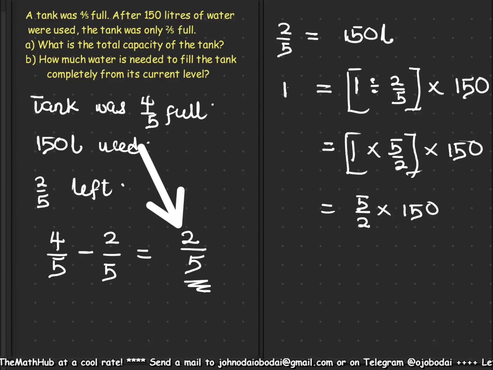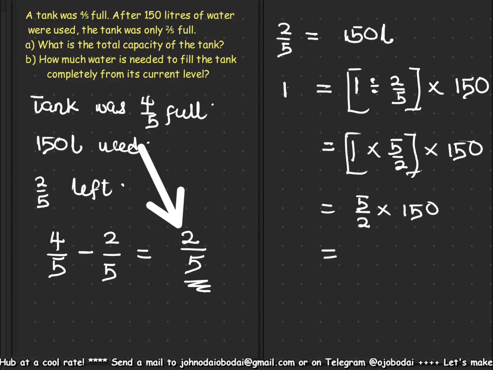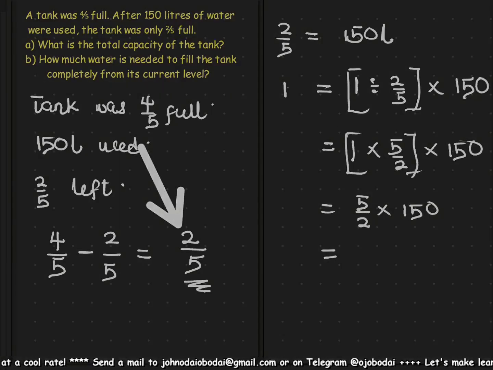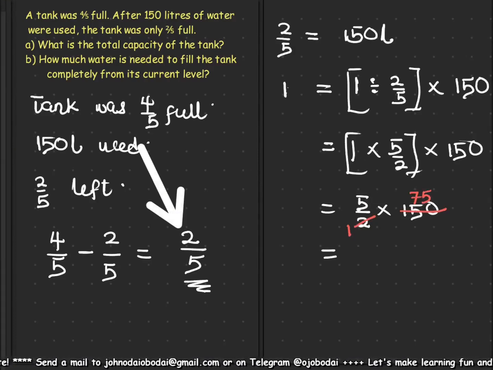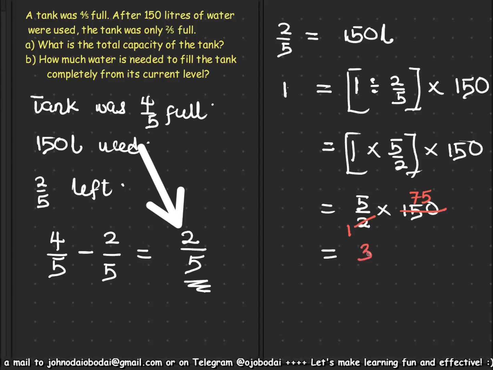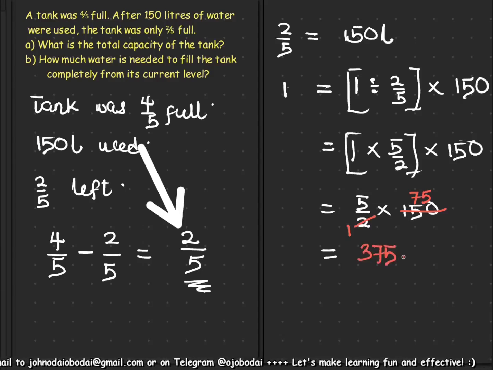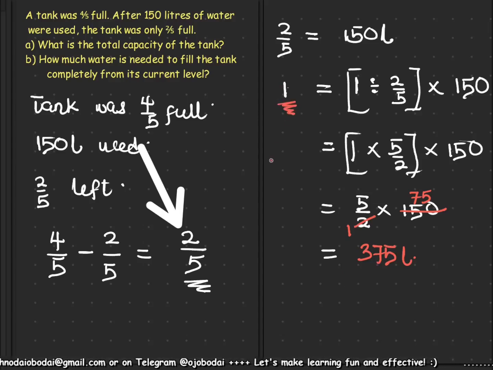Now we know 150 divided by 2 gives us 75. Then we multiply our 75 by 5, and that should give us 375 liters.